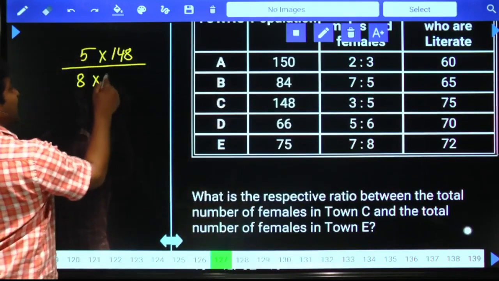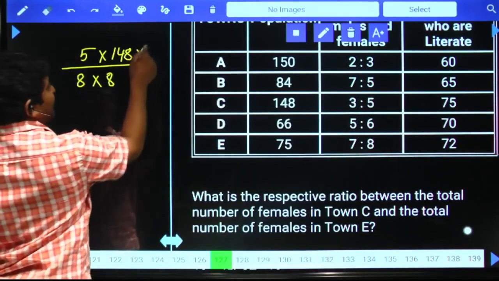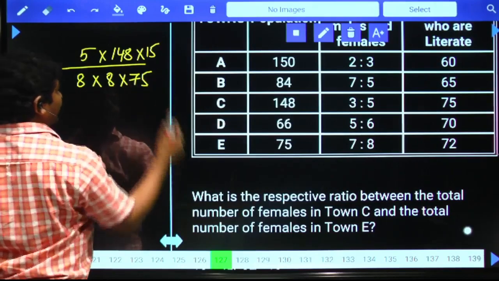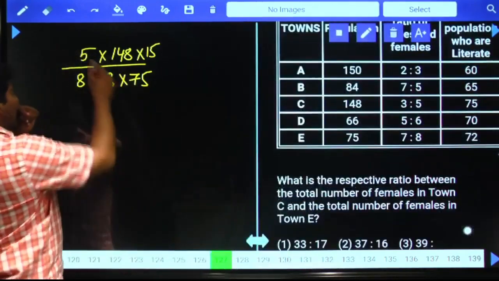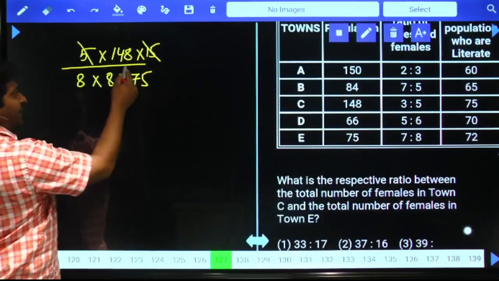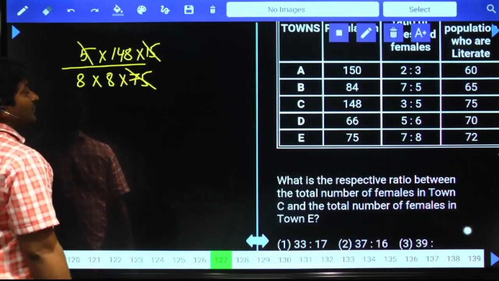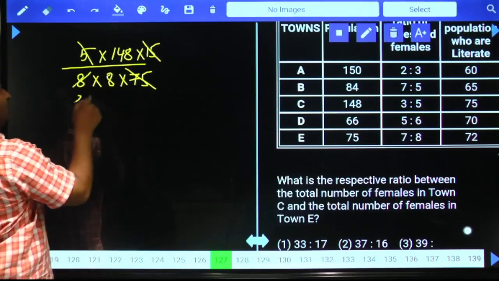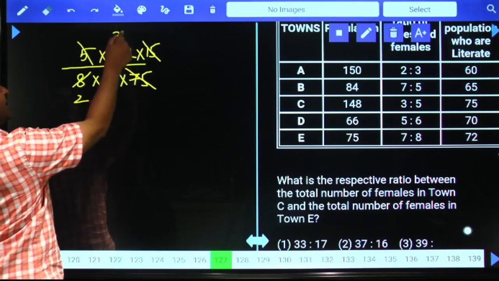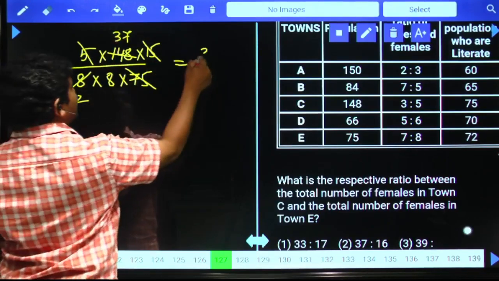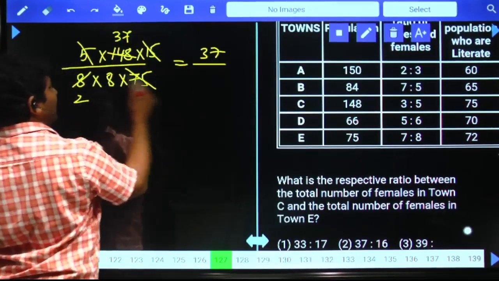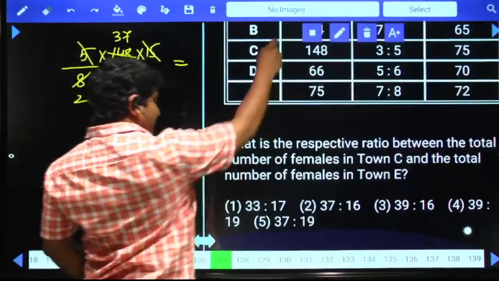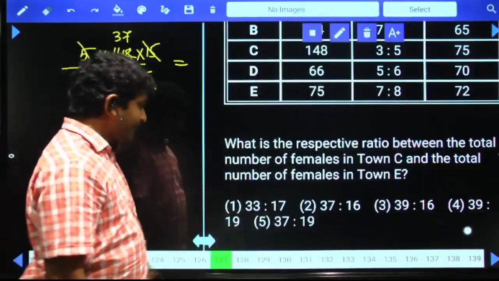So, that is 8 parts out of 15. 15 comes to numerator into 75. Now here 5 into 15, 75 gets cancelled. 4 twos here, 4 threes and then 7 times, that is equal to 37 divided by 8 into 2, 16. 37 by 16, second option answer.